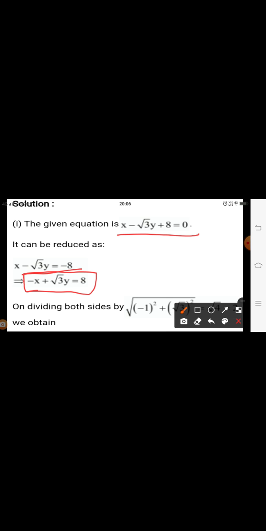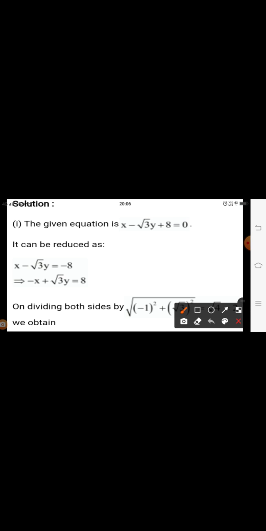And if you divide both sides by under root a square plus b square, here if you observe, a is the coefficient of x and b is the coefficient of y.